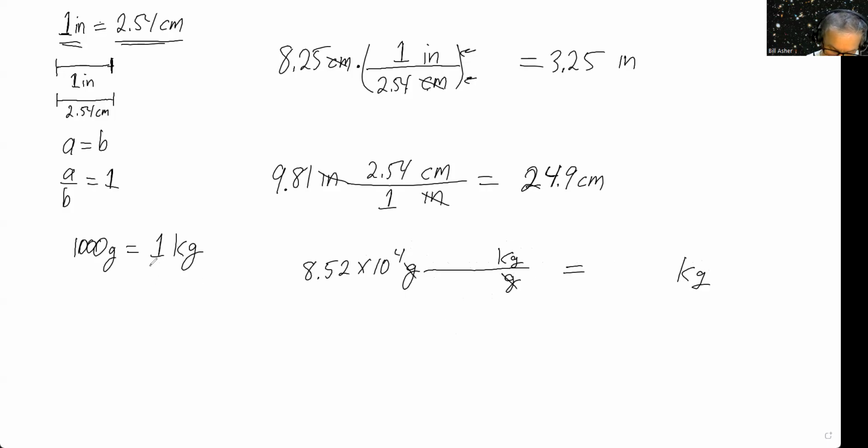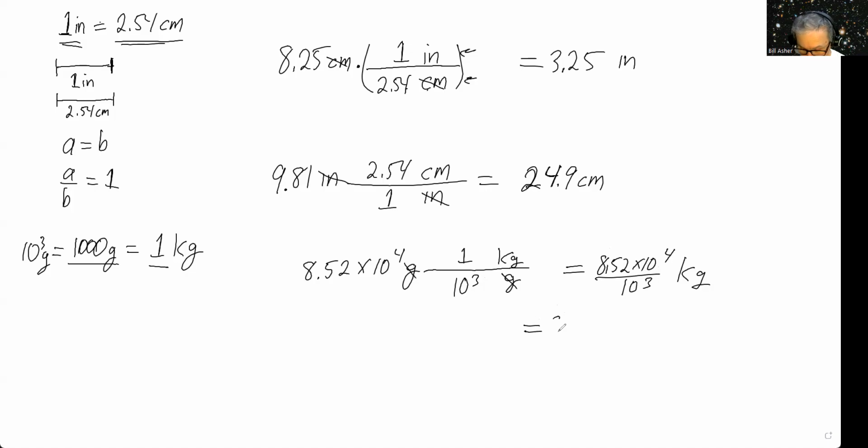I need a numerical coefficient for kilograms, which is 1 on the top, and a numerical coefficient for grams on the bottom. I'm going to rewrite that 1,000 as 10 to the third grams. Because grams is canceled, this comes out to 8.52 times 10 to the fourth over 10 to the third kilograms.